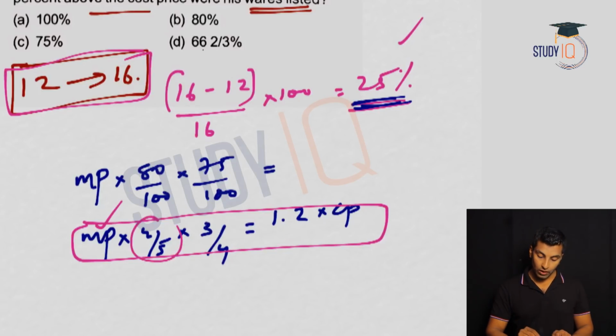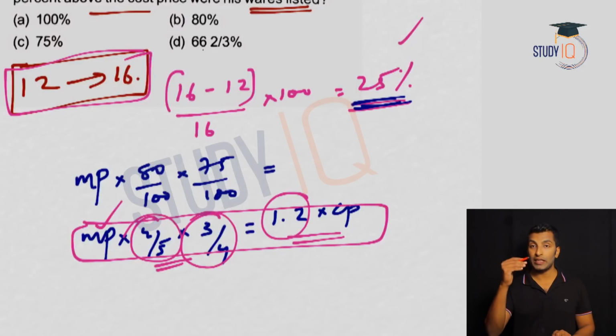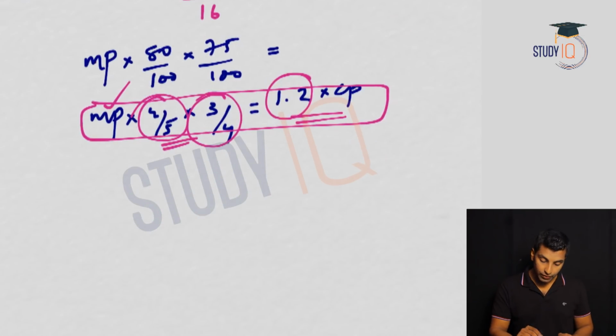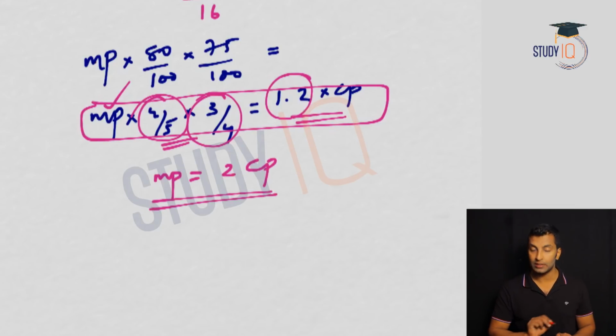He is giving two discounts, one is 25% and one is 20%. These are the multiplication factors. When you do that, even then you get a 20% profit. That means 100 plus 20, since it's profit you add, so 1.2 times the cost price. Now when you solve this, you will understand that marked price is equal to 2 times the cost price. So what is the marked price?